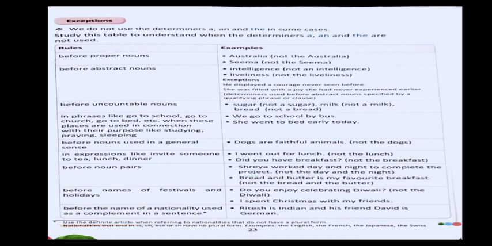Okay, now see, if I am saying that Rahul is Indian and his friend David is German. Now, such nationality where your nation is being represented, we do not use any article in front of such words.